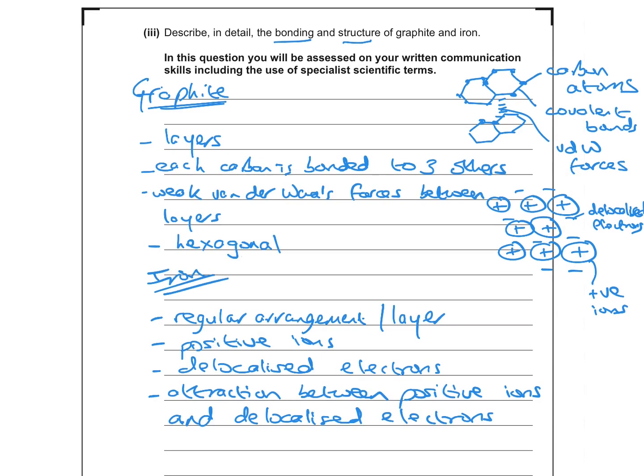Okay, so these are the main points that you should have in your answer. And you need at least 7 of the points in order to get the full 6 marks. So if you've got between 7 and 9 of these points, then you just get 6 marks.